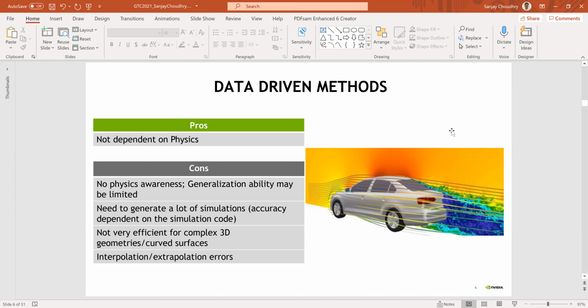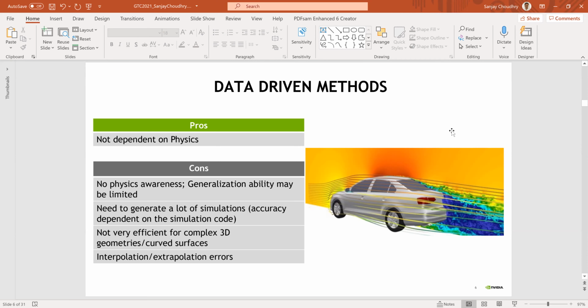Also, if you really want to solve something complex, then you need lots and lots of different simulations, which may again be dependent on the accuracy of the simulation code. And not only accuracy, I would go as far as to say the expertise of the user, because you can end up choosing different schemes and different parameters, and you can have 2 different users use the same code and get 2 different answers, or the same user using 2 different schemes in the same code and get 2 different answers.